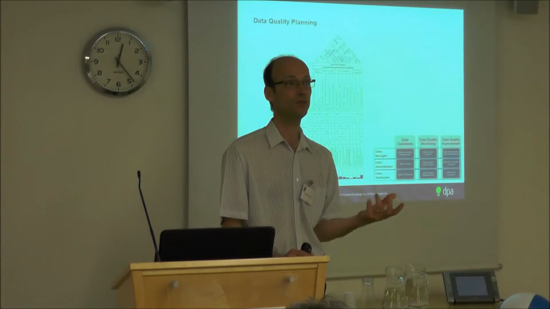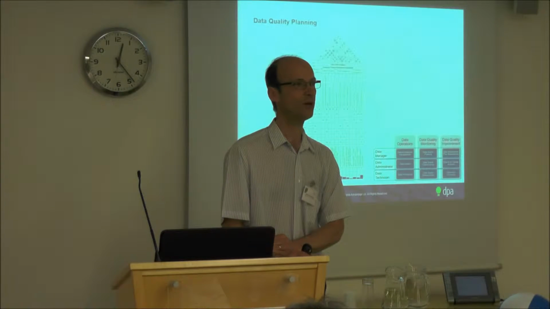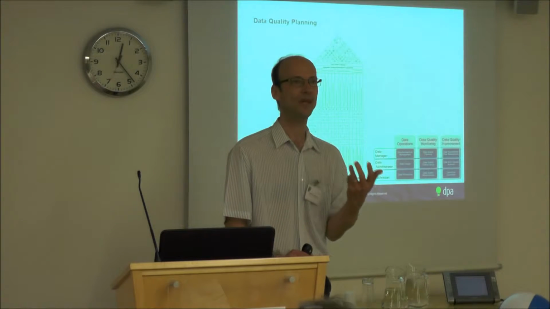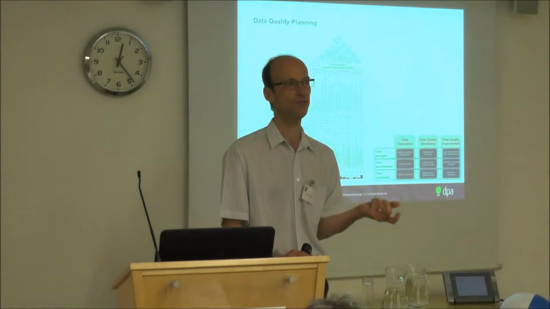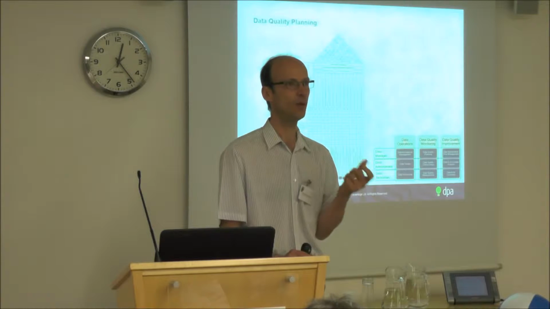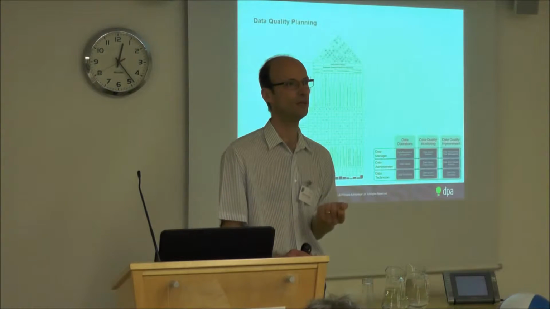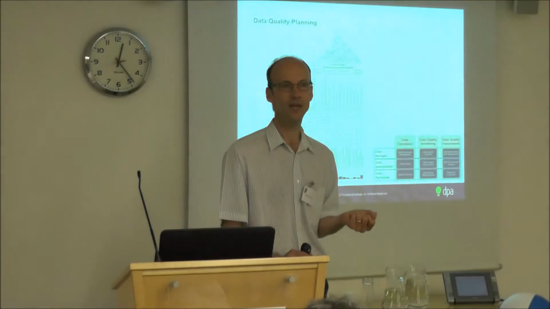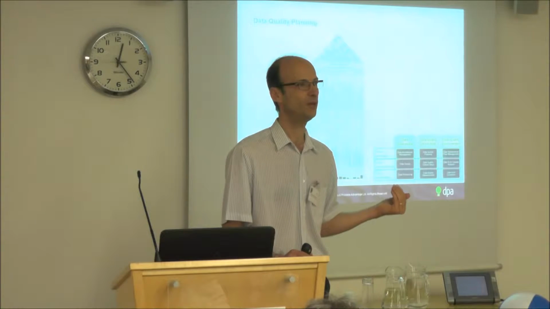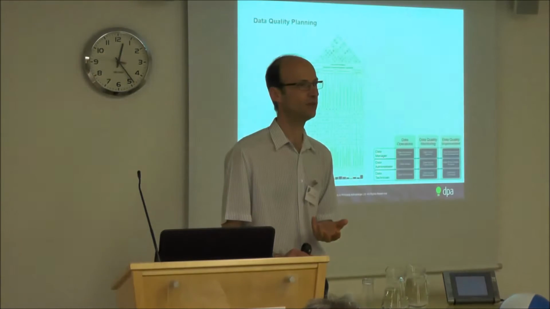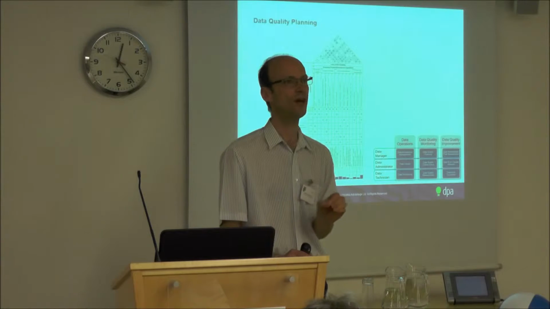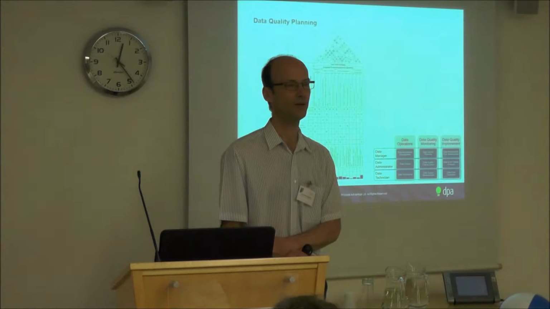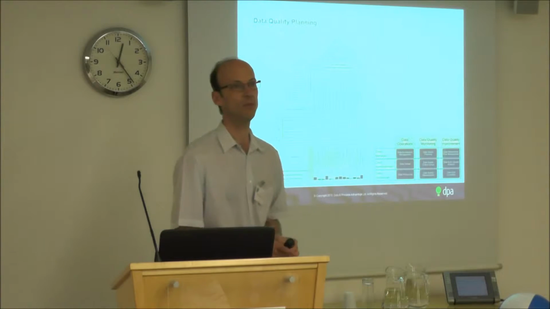For some data sets, some data entities, you may want a far higher level of accuracy than for others. If it's a Twitter stream coming in, you're probably not overly concerned. If it's order transactions, you want to make sure they are accurate. So it's about getting the quality level set right.